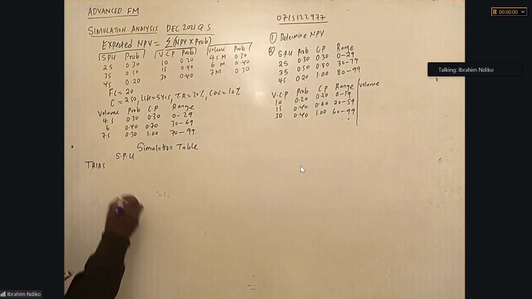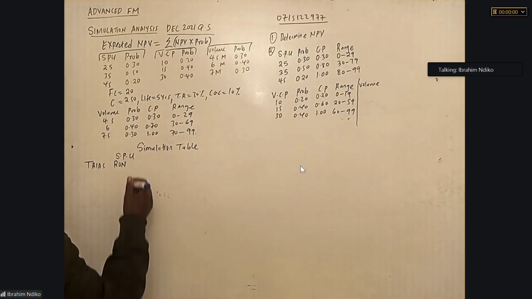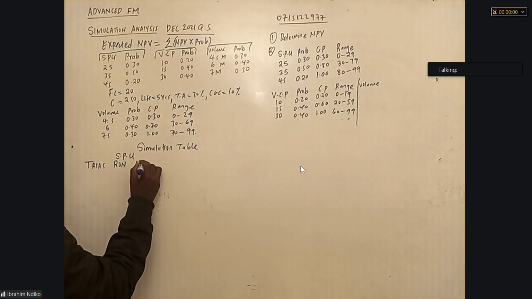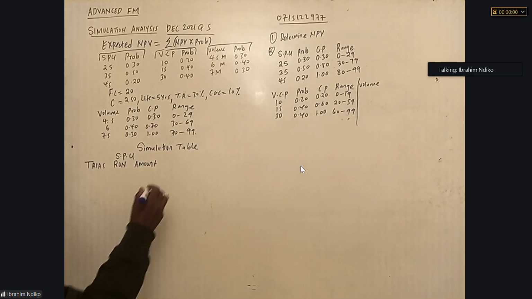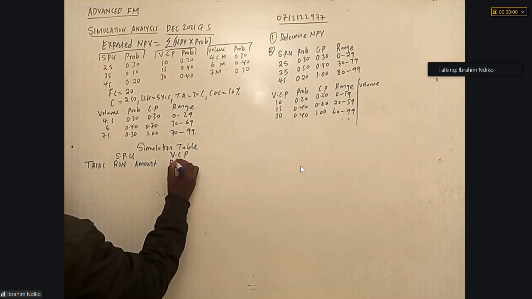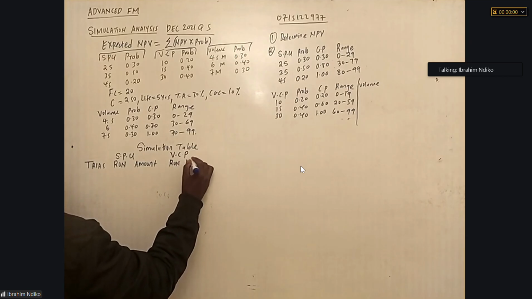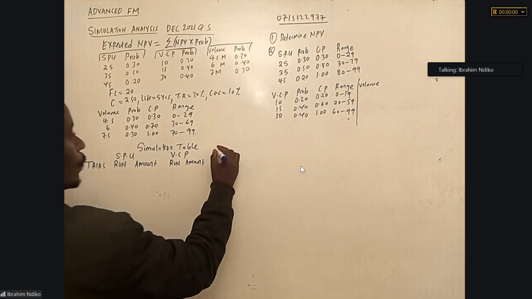On a selling price per unit, we have the random number and then amount. We also have variable cost per unit, each with a random number and an amount. Then we also have the volume of sales.